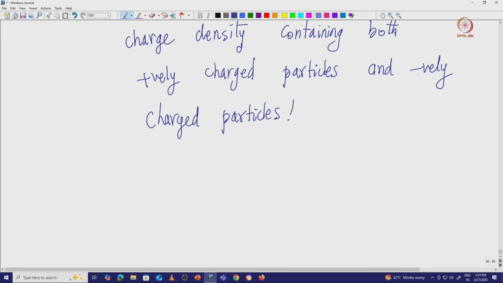In that case you can have rho negative. So you do not interpret rho as probability density, but rho is defined as electric charge density and J would be defined as electric current density.